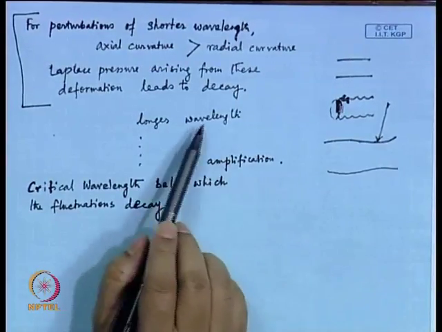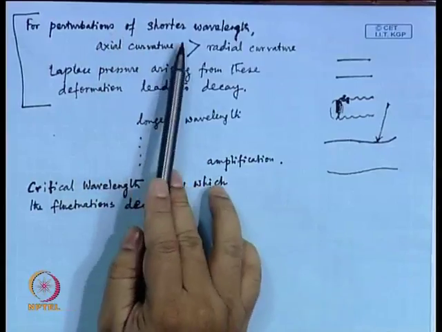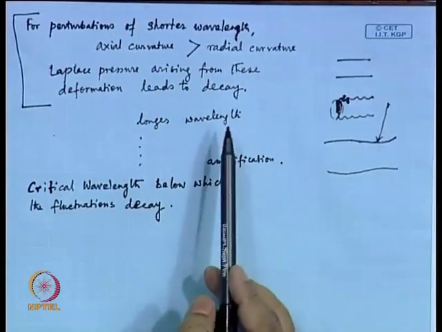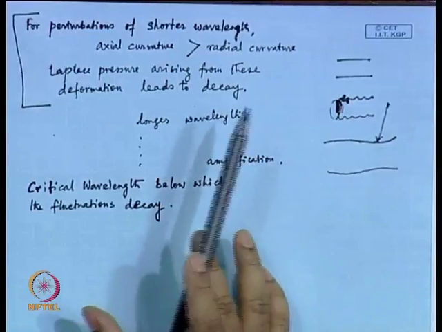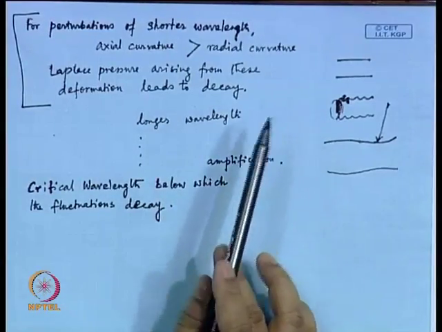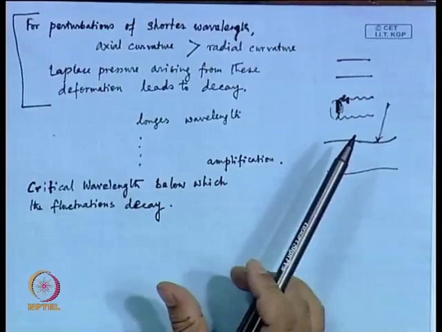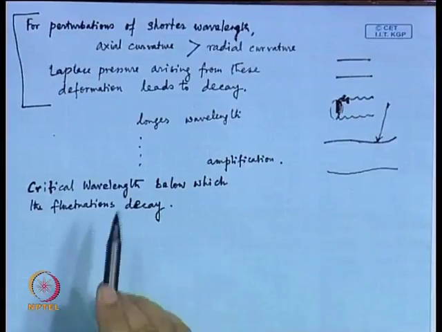What we are trying to say here is that for shorter wavelength, if there is a perturbation, that will decay, so it will restore its cylindrical configuration. And if the wavelength is large, how large? There has to be some critical limit. If the wavelength is beyond that limit, then it will not decay anymore, rather the perturbation will amplify, all right. So, what is that critical wavelength below which the fluctuations decay and above which the fluctuations amplify?